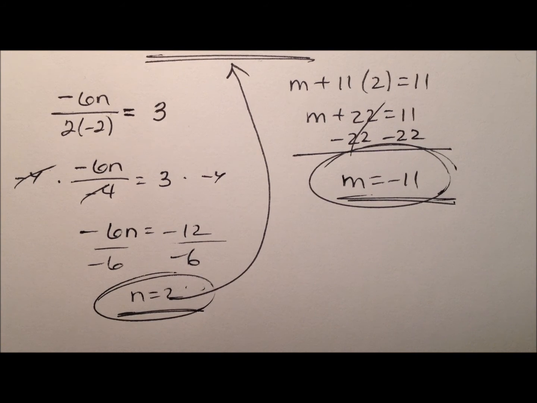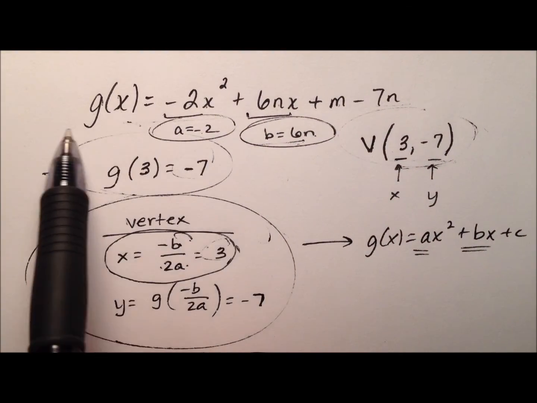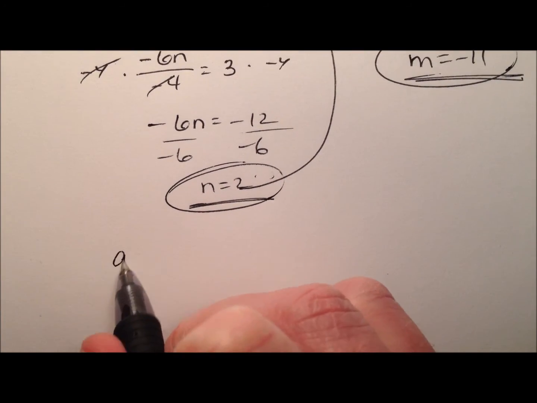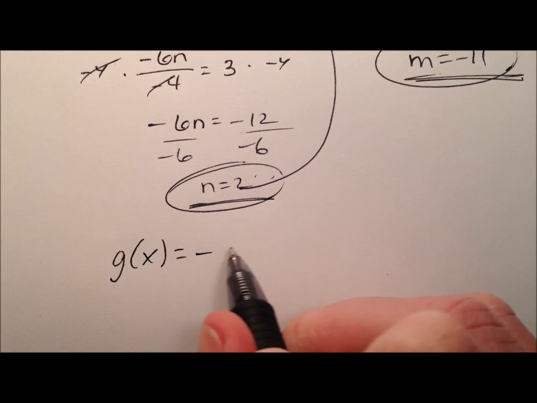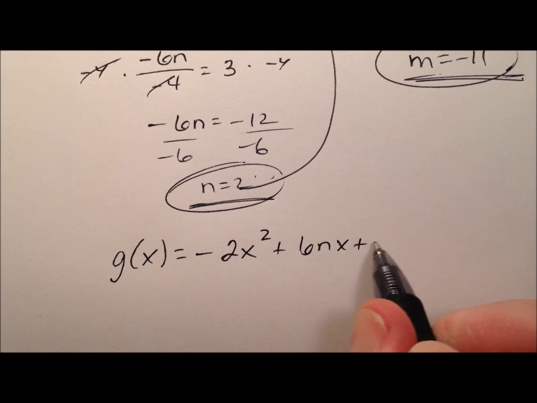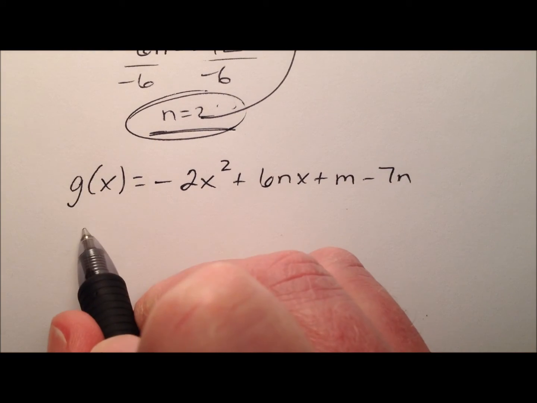Let's just go ahead and plug those back into my original function g of x, and let's just figure out what this function is going to be. All right, so g of x was negative 2x squared plus 6nx plus m minus 7n. And let's go ahead and just plug in everything I know.